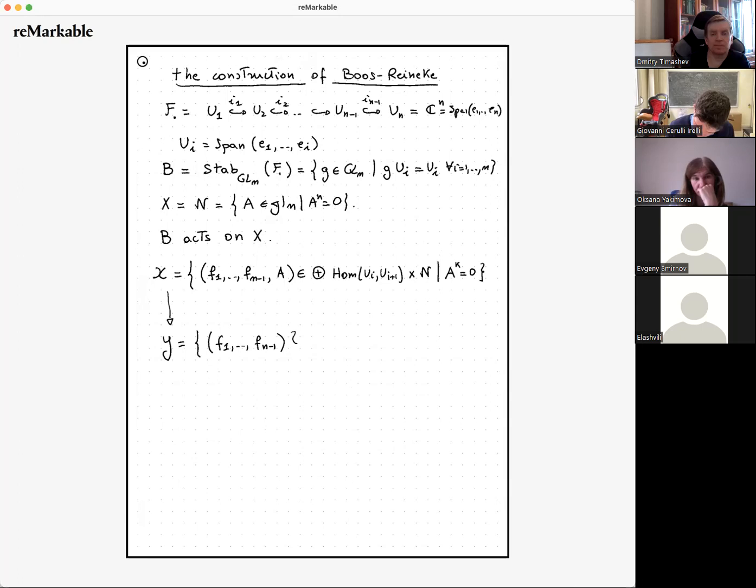No conditions, okay? All right, so here in the curly X, there is the action of the structure group of a quiver.